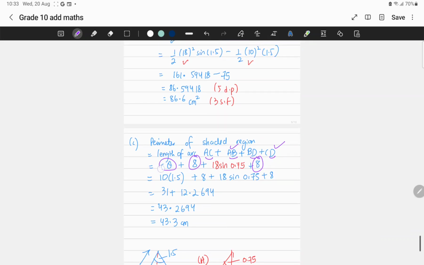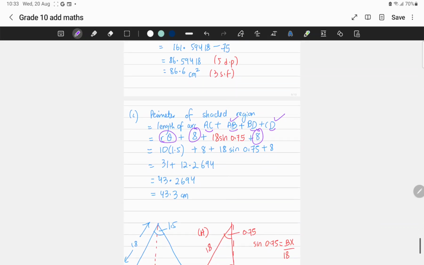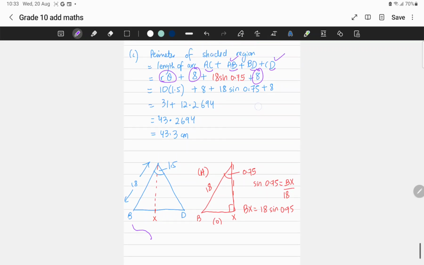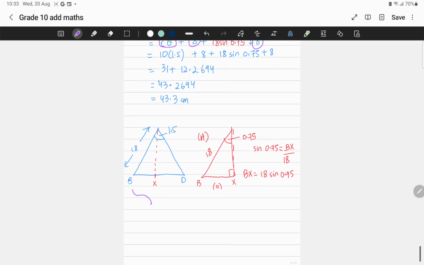And then length of arc is r theta. To calculate this part, we have to work in the triangle, and we have to divide the triangle into 2 because BD, it's not AB that we have to find, sorry, it's BD. To find BD, you will notice that BD is here. So I'm going to divide BD by 2, and then I'm going to find this, BX.